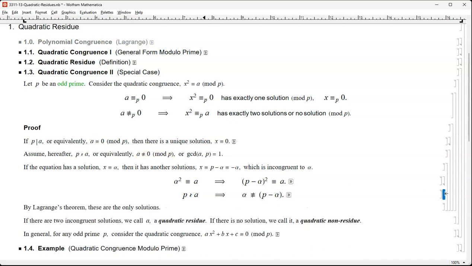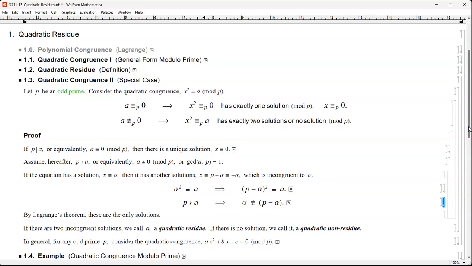So what do we have? Alpha and P minus alpha cannot be congruent. They're two distinct numbers modulo P, or they're incongruent. Finally, apply Lagrange's theorem. There cannot be any more, so these are the only solutions. We have precisely two solutions, alpha and negative alpha.